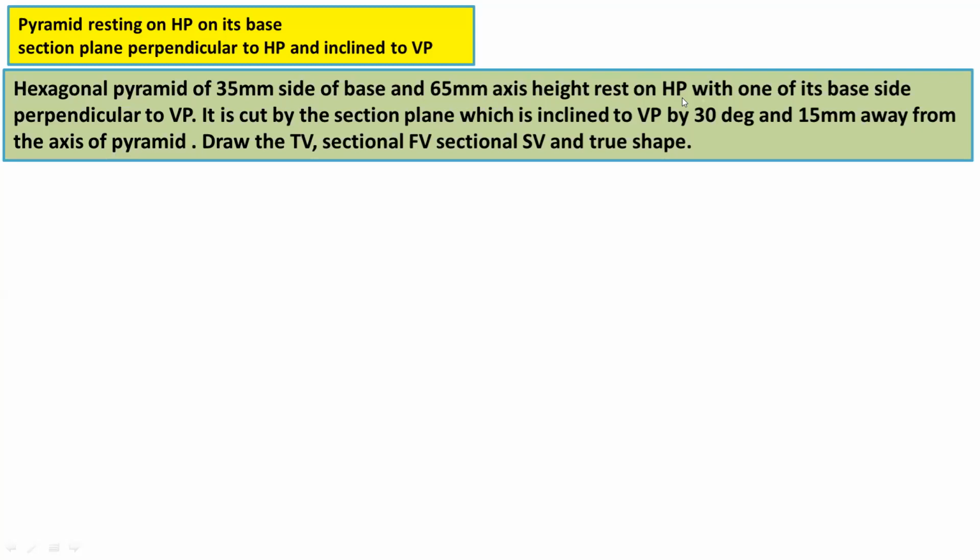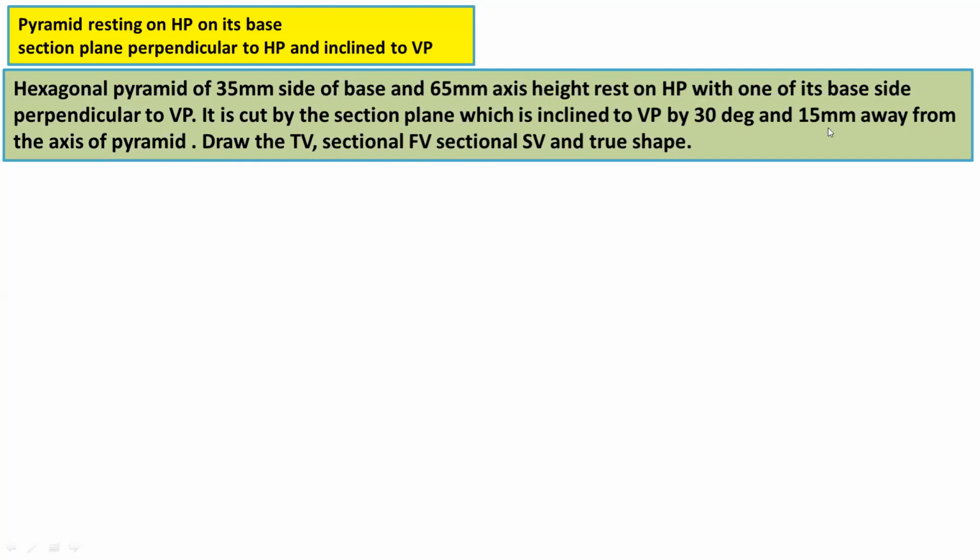It rests on the HP with one of its base sides perpendicular to VP. Okay. It is cut by the section plane, which is inclined to VP by 30 degrees and 15 mm away from the axis of the pyramid. So this is the position with respect to the axis.